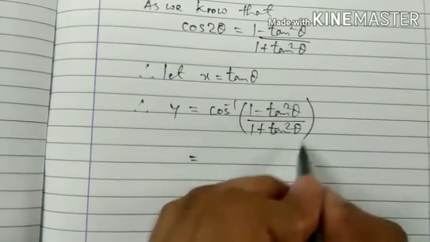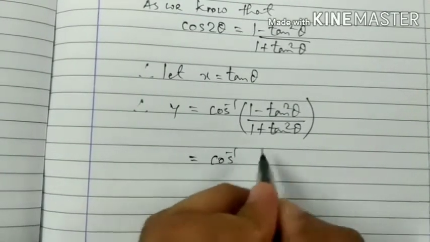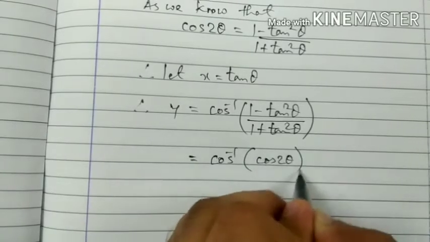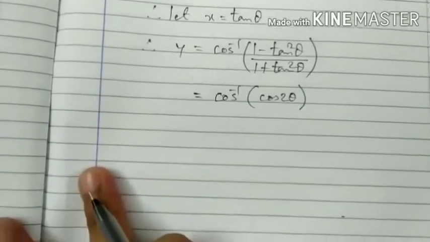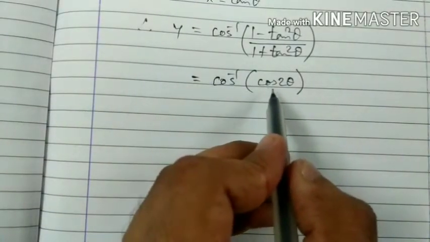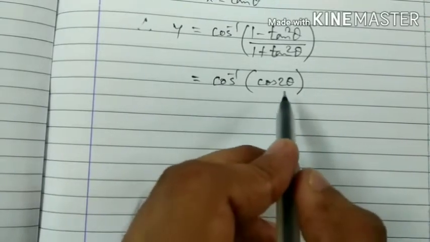For (1 minus tan square) upon (1 plus tan square) we can write cos 2 theta. So cos inverse of cos 2 theta can be written. Now here cos inverse and cos get cancelled, so y equals 2 theta can be obtained.